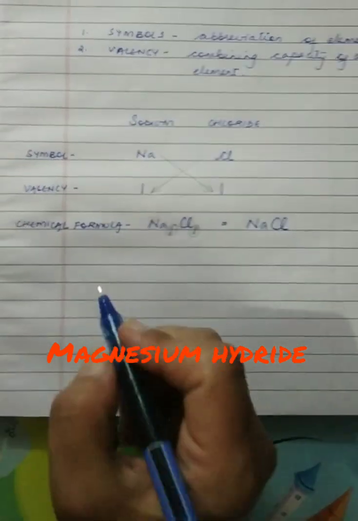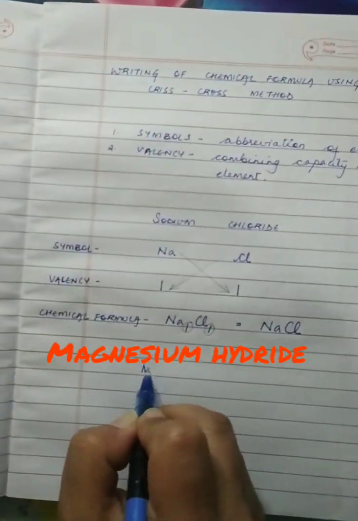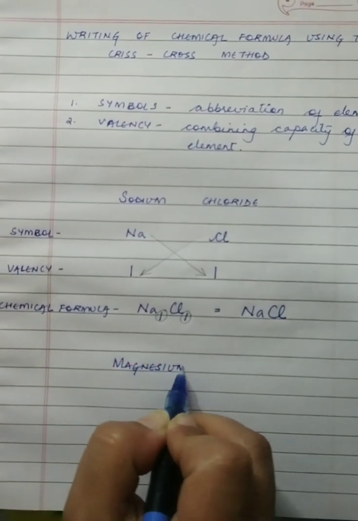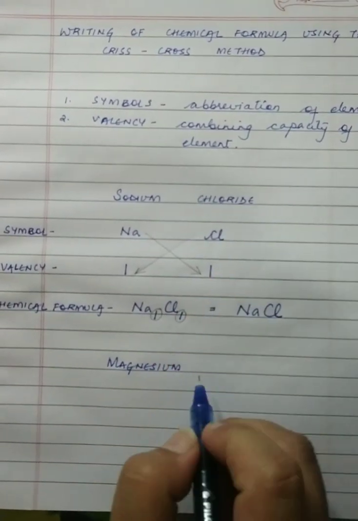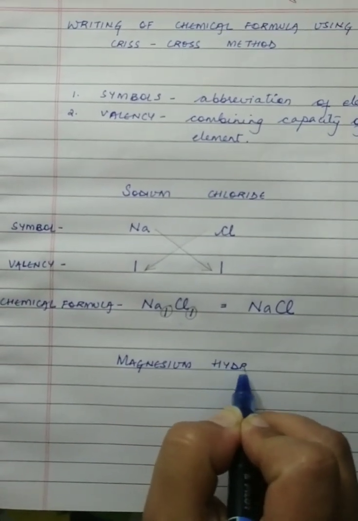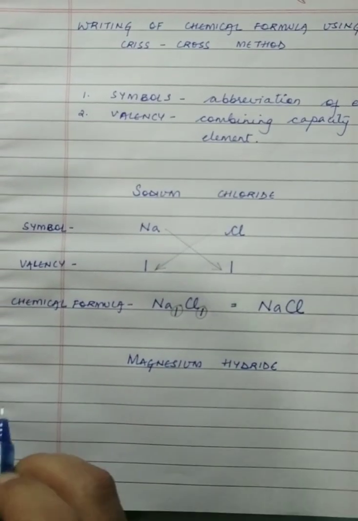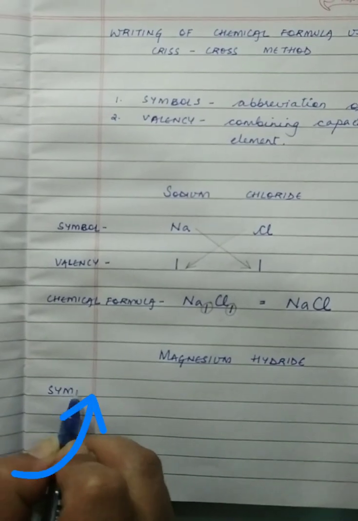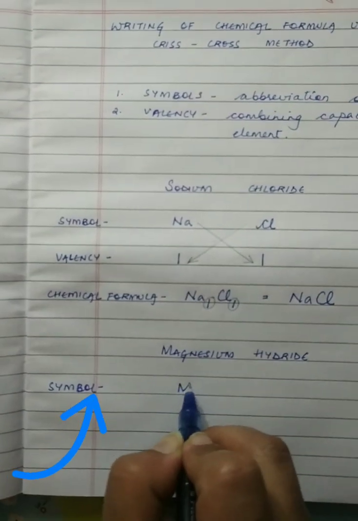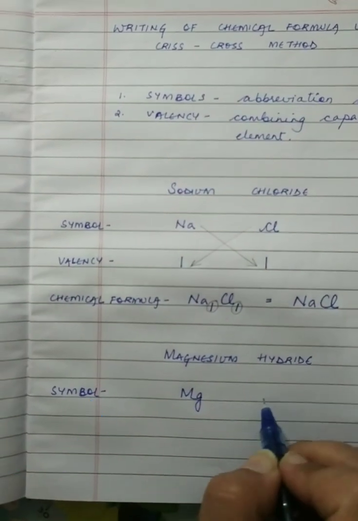Let's do another one. Let's do magnesium hydride. Symbol for magnesium is Mg.